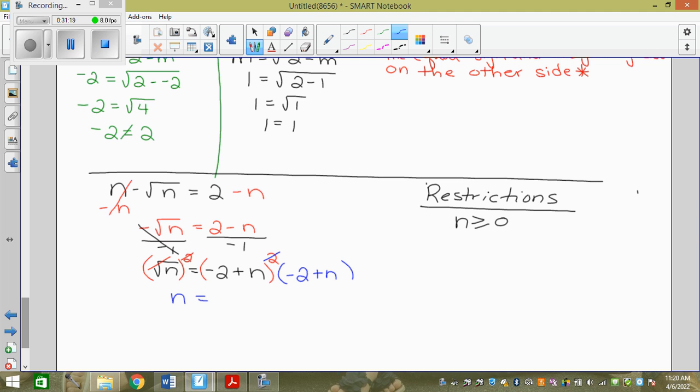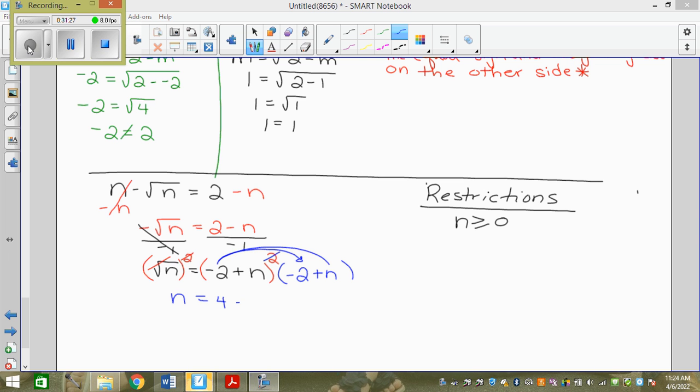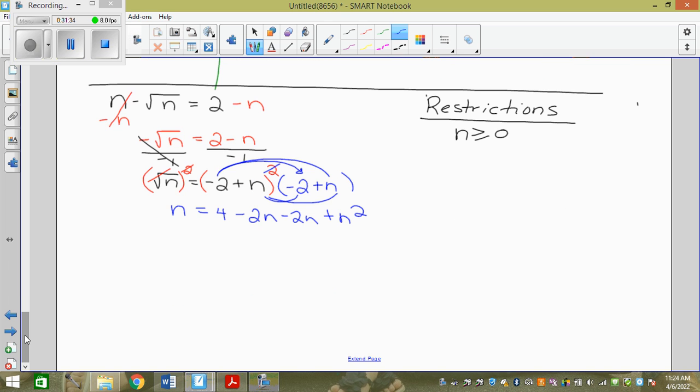So I'm going to get n equals, and then FOIL that. Try it out. You should have n equals, and then we FOIL. 4 minus 2n minus 2n plus n squared, which results in n equals 4 minus 4n plus n squared. Wait, I have an n squared.